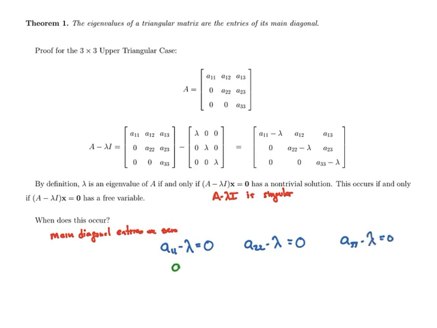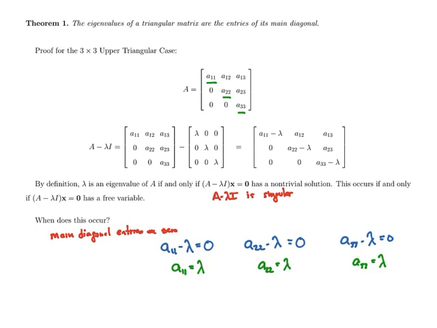And again, that means that a11 will be an eigenvalue, a22 will be an eigenvalue, and a33 will be an eigenvalue. So if I have a triangular matrix, and this is the same for a lower triangular matrix as well, the main diagonal entries, a11, a22, and a33, are the eigenvalues of the matrix.